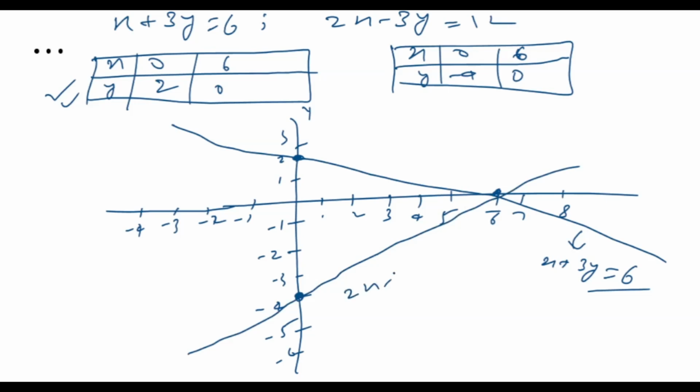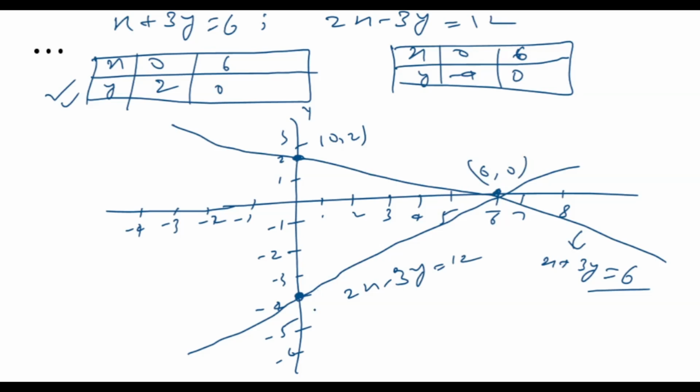2x minus 3y is equals to 12. This is 6 0, x axis is 6, y axis is 0. So this is our 6 0, this is x 0 y 2, 0 2, this is x equals to 0, y equals to minus 4.